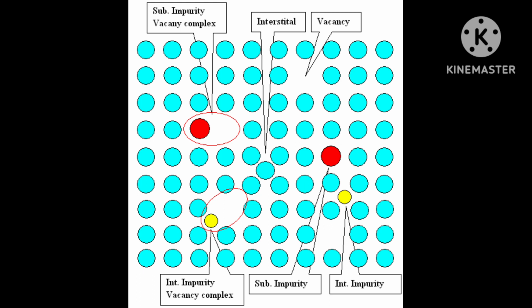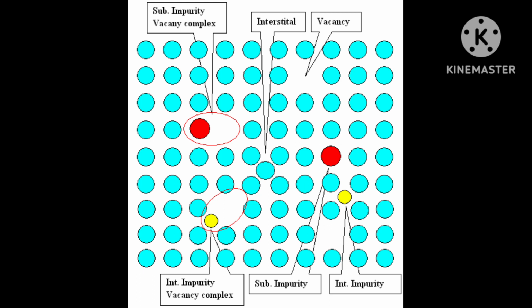A Schottky defect, what is this? It is basically a vacancy defect in ionic solid. Both are in ionic solid. And pure vacancy, I already told you.